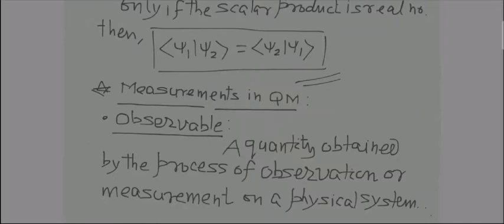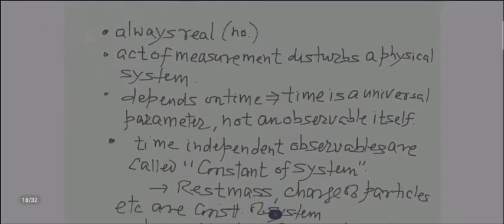A quantity obtained in such a manner, such as momentum, position, energy, kinetic energy, potential energy, angular momentum, spin, parity, are all observables. These are observations and measurements on a physical system, and physical system means your quantum system.